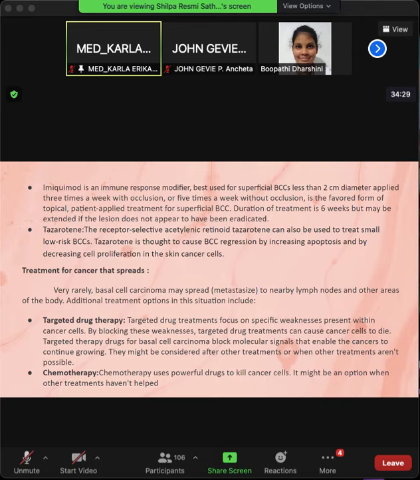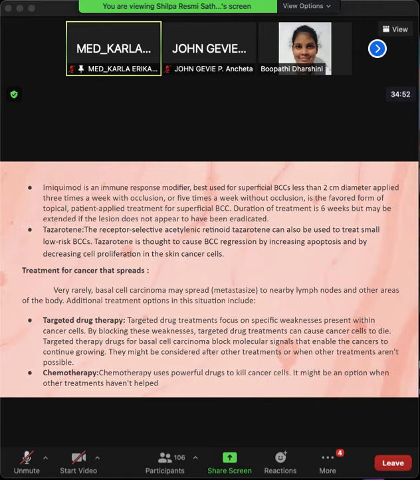Next is tazarotene, the receptor selective acetylenic retinoid, which can also be used to treat small low risk BCC. It is thought to cause BCC regression by increasing apoptosis and by decreasing cell proliferation in the skin cancer cells.